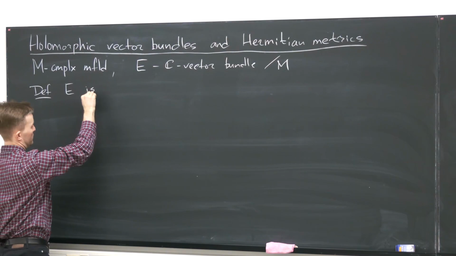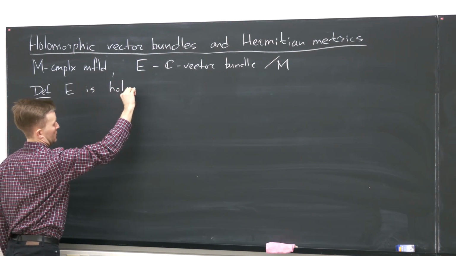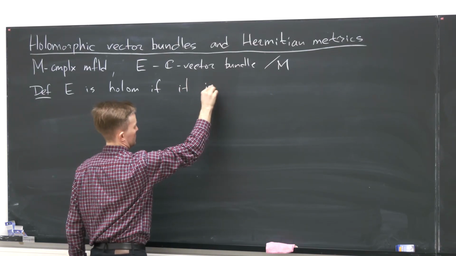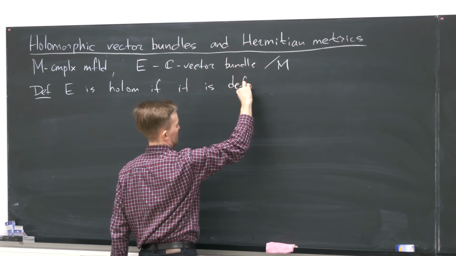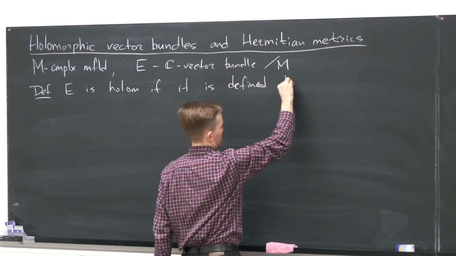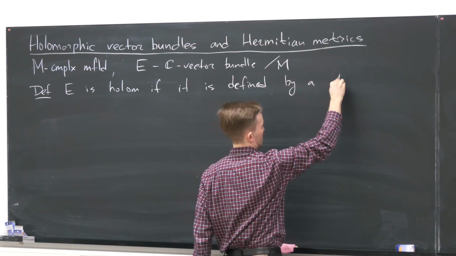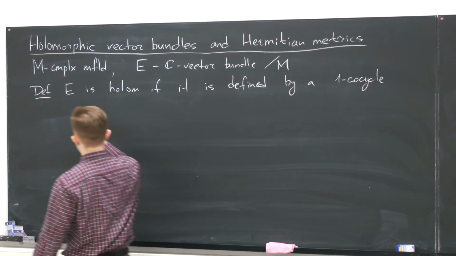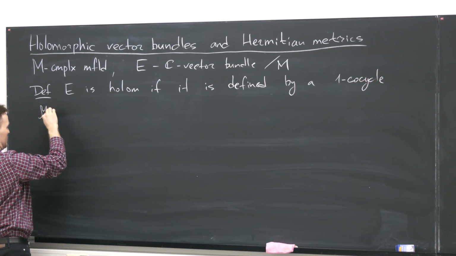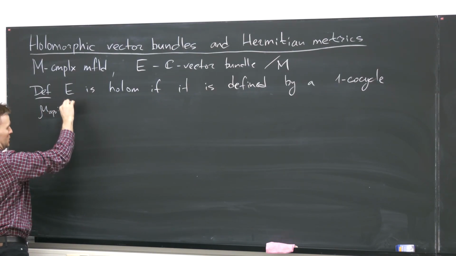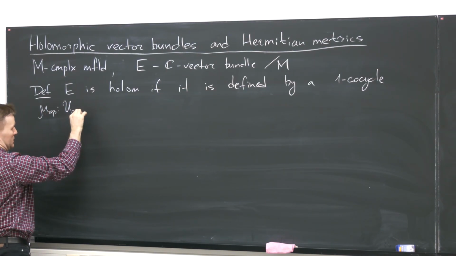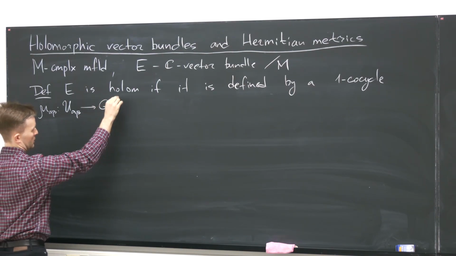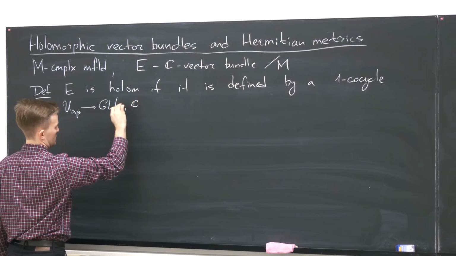So E is holomorphic if it is defined by a cocycle where the functions that give this cocycle are holomorphic.